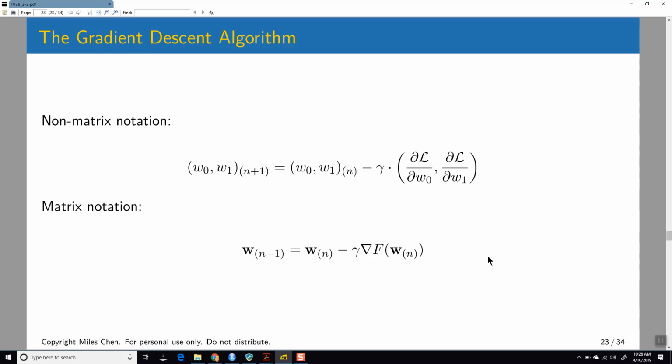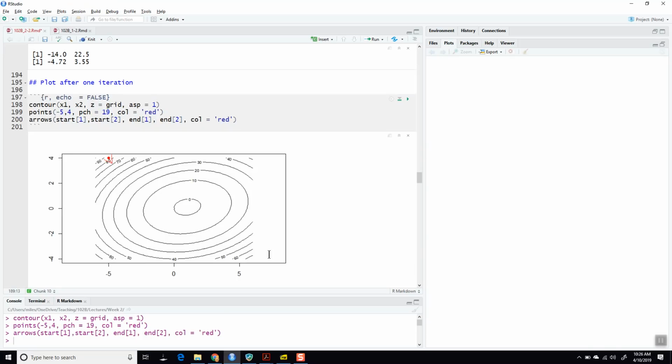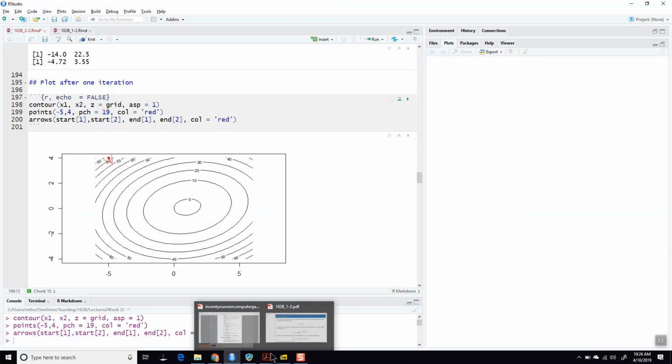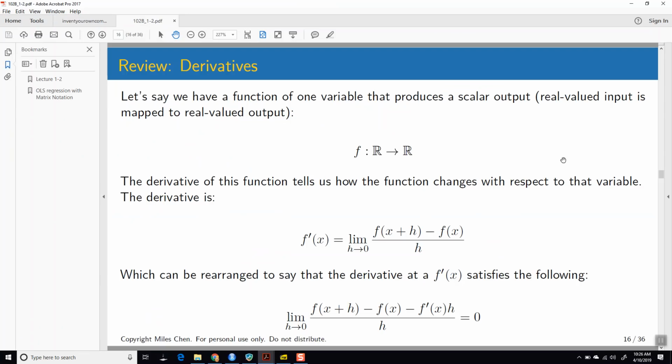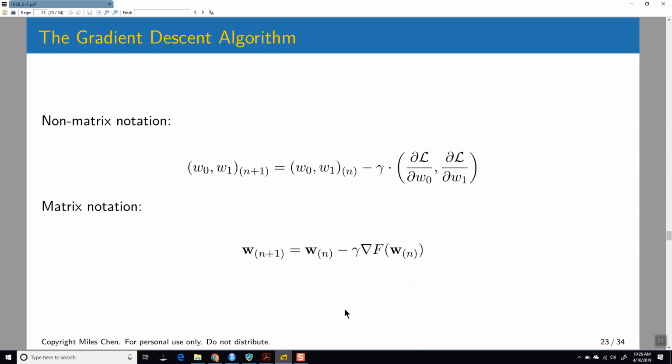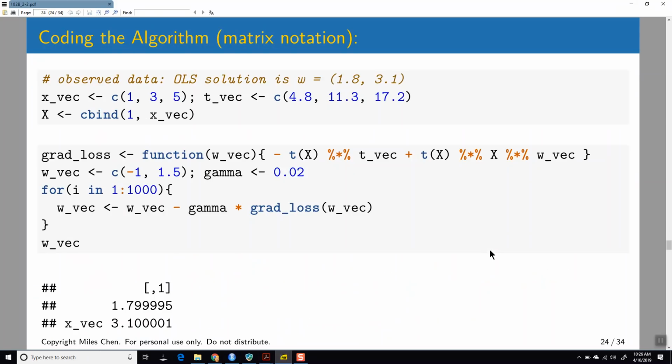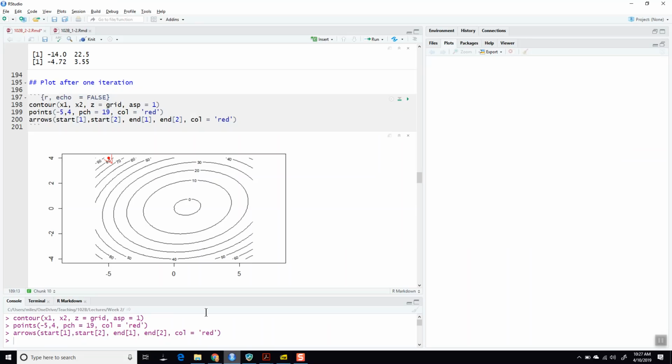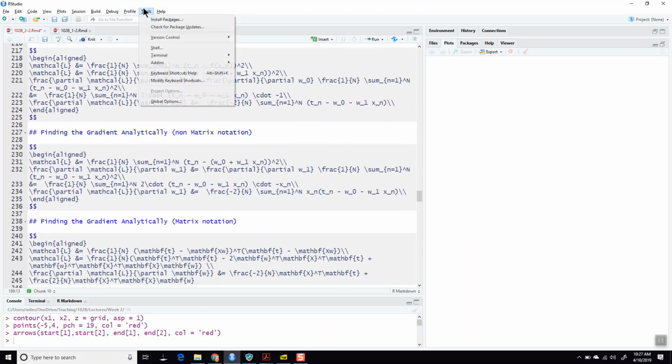Okay, so I've coded this up, and I also have the code over here. Just for our example, I'm plotting these 3 dots, okay? 1, 3, 5, 4.8, 11.3, and 17.2, okay? And then just to show you what those 3 locations look like, let me increase my font size here.